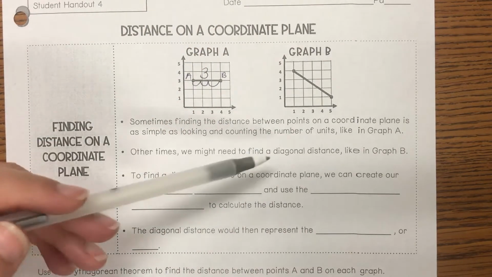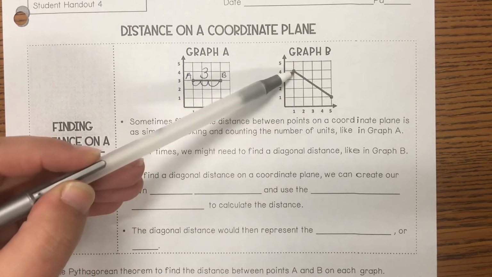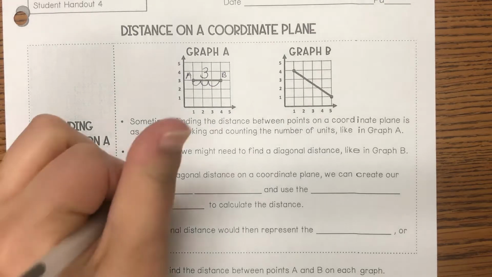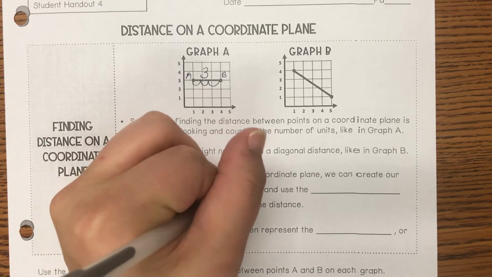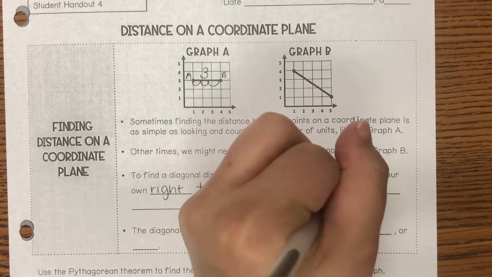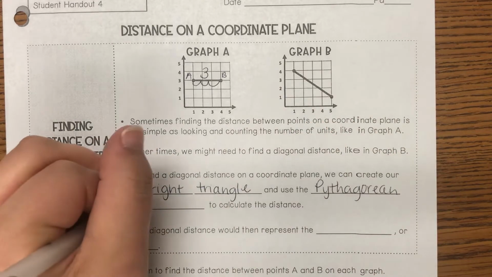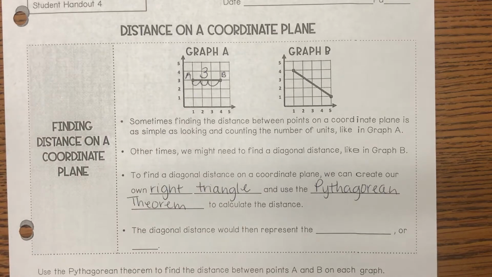Other times we might need to find a diagonal distance, like in graph B. These 2 points are diagonal from each other, so it's harder to find the distance there. To find a diagonal distance on a coordinate plane, we can create our own right triangle and use the Pythagorean theorem to calculate the distance.